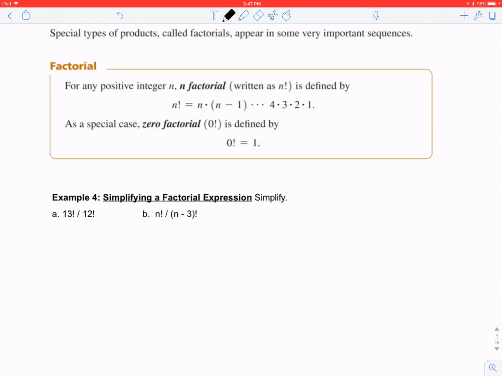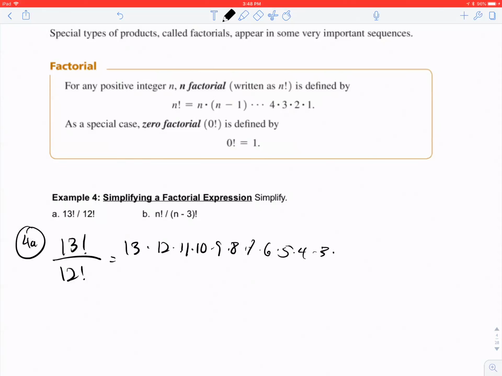If we're looking at 4a, we have 13 factorial over 12 factorial. This means 13 times 12 times 11, 10, 9, 8, 7, 6, 5, 4, 3, 2, and 1, divided by the same, minus the 13.